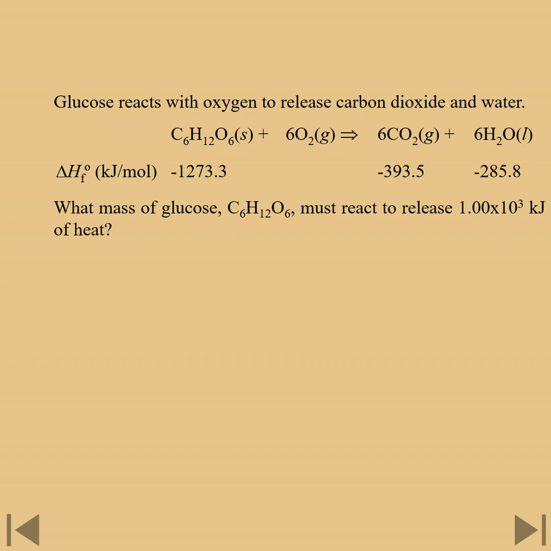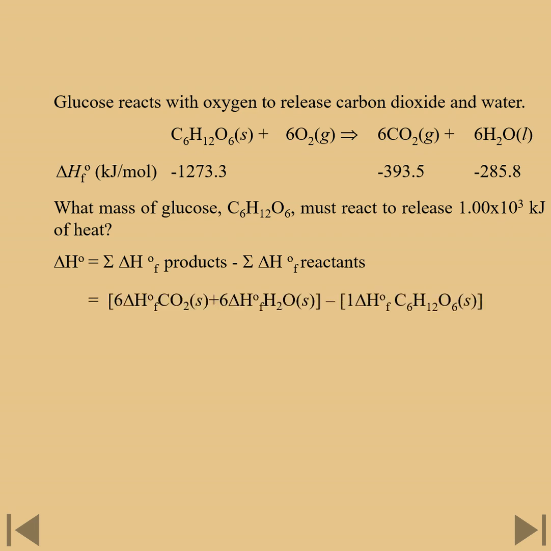Okay, so similar to the last problem, first delta H naught of the reaction is equal to the sum of the heats of formation of the products minus the sum of the heats of formation of the reactants. So that's the heat of formation of the 6 carbon dioxides plus the heat of formation of the 6 waters. You note it's in the liquid state. I've got my abbreviation here incorrect.